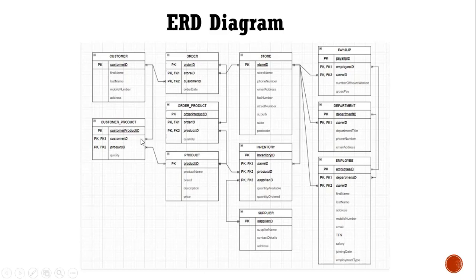Like the older example, a customer can have multiple products, and they can order multiple products. Or we can also see one supplier can have multiple inventories. That's why we're establishing a one-to-many relationship. Likewise, one employee can have many pay slips. So we establish a one-to-many relationship here as well.